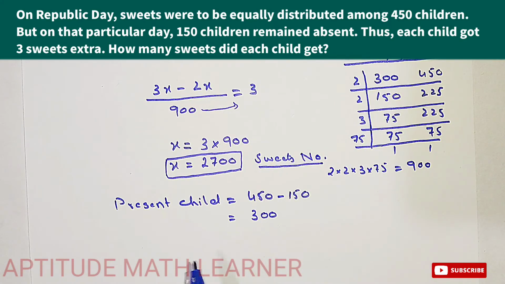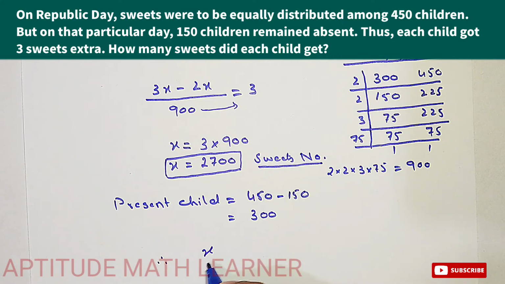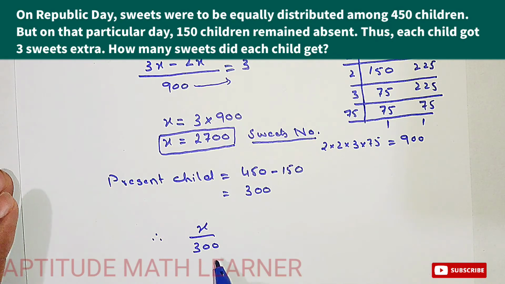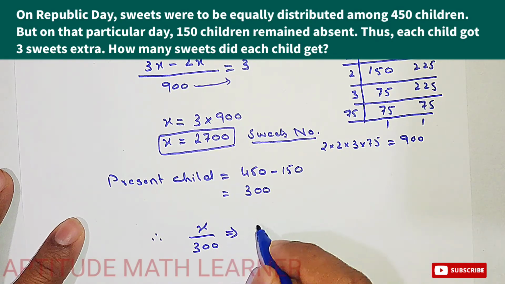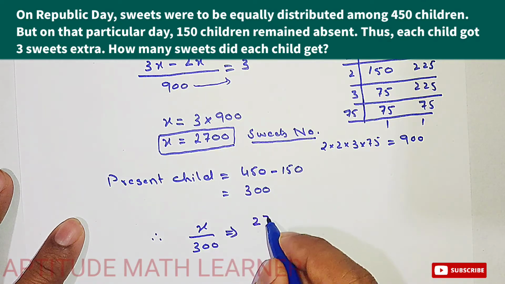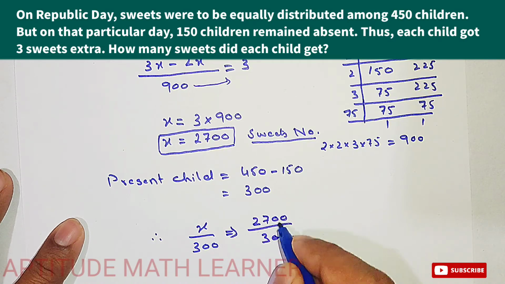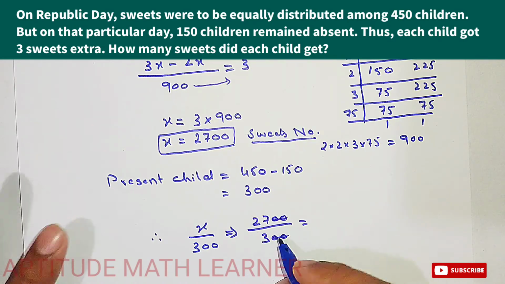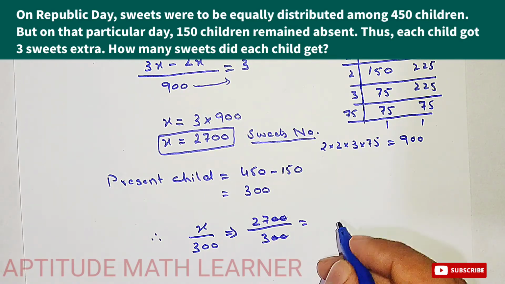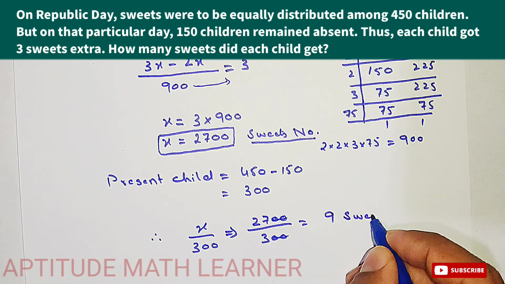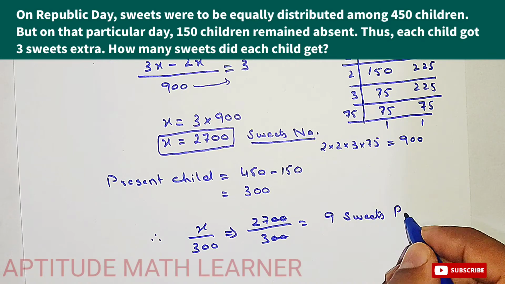The answer will be the number of sweets x divided by 300, that is 2700 divided by 300. These two zeros cancel with each other, and 27 divided by 3 gives 9 sweets. 9 sweets per child.